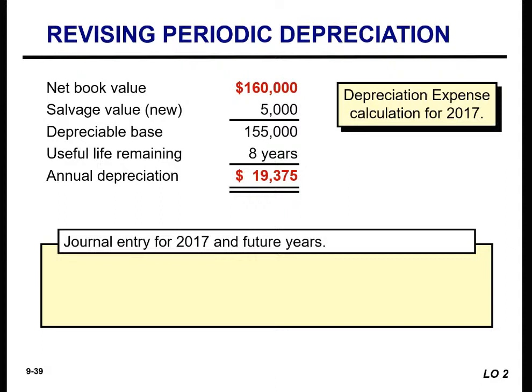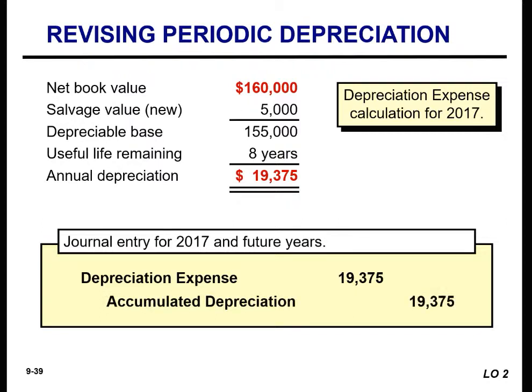This gives us a new depreciable base from today forward of $155,000 that will occur over the next 8 years. That gives us annual depreciation of $19,375. So recognize depreciation expense of $19,375, and we'll post to our accumulated depreciation $19,375.